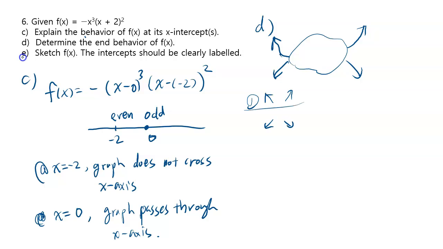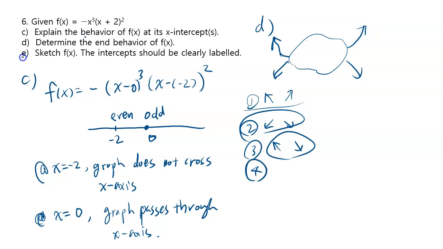So this is one end behavior. Another end behavior would be like this. Another end behavior would be one going up, and the other one going down. Another end behavior will be going down but going up. Okay, so you basically have four choices. So if some question asks, determine the end behavior of f(x), you just have to choose one of these four. So it's a multiple choice question, pretty much.